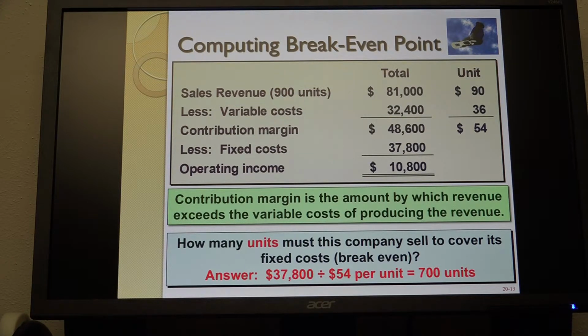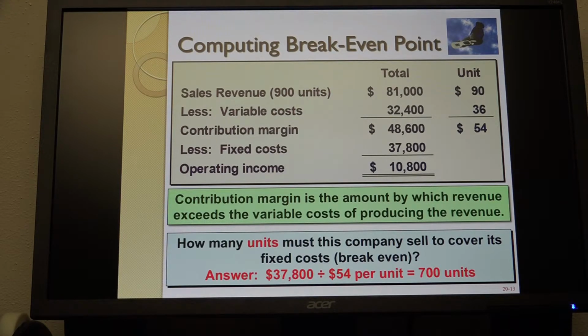So you've got an example here of a company that sells 900 units at $90 per unit. So that is $81,000. If variable cost per unit is $36 per unit, and they've sold 900 units, their variable costs are $36 times 900 units, or $32,400.